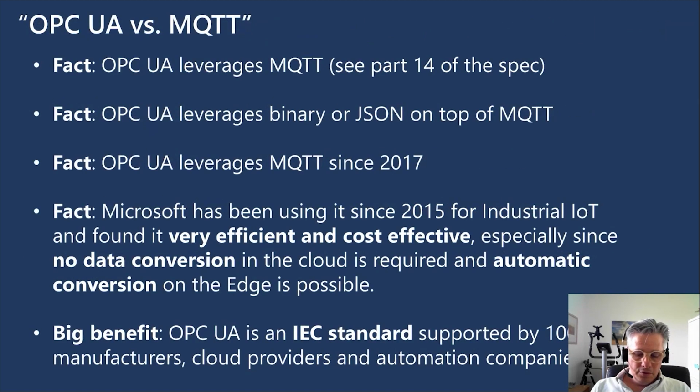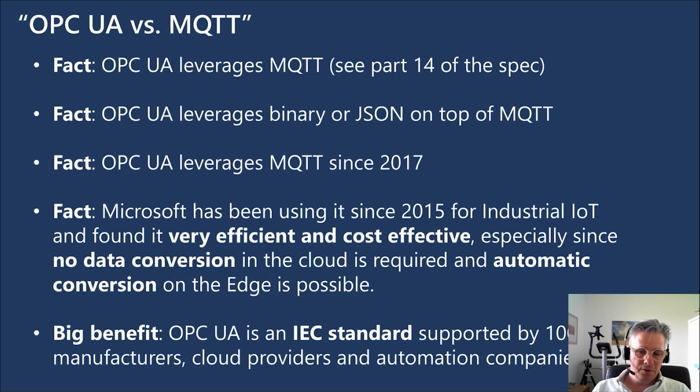So those were the 5 questions you should answer, and just bear with me here because I get this all the time and I can't say it often enough. This whole OPCUA versus MQTT makes no sense, right? OPCUA is platform and protocol independent. It has a mapping to MQTT.